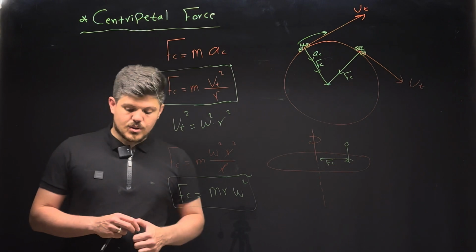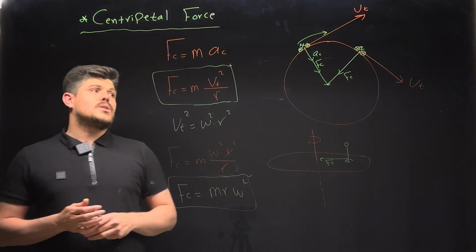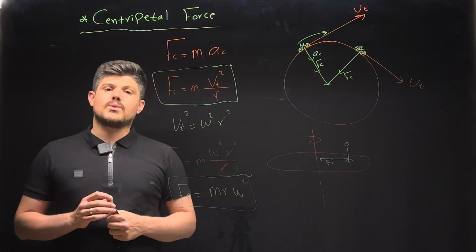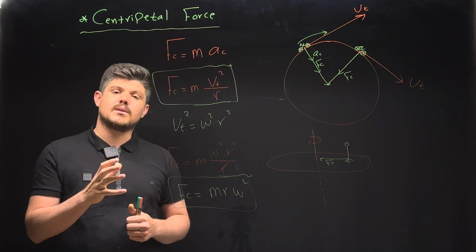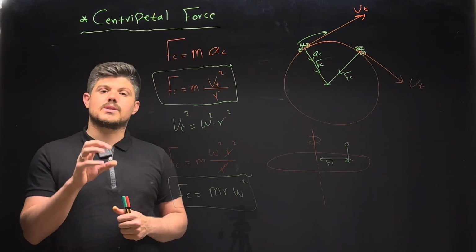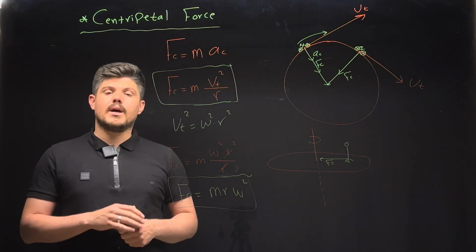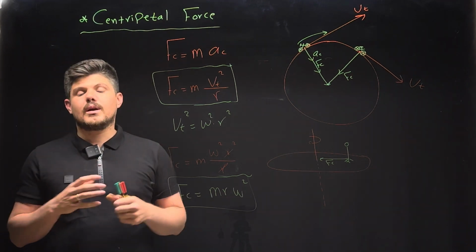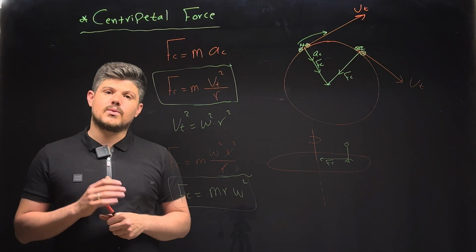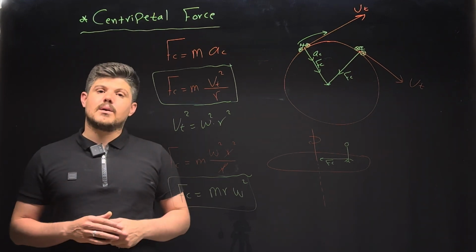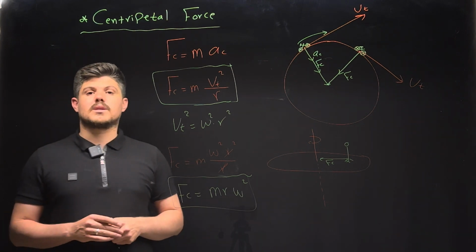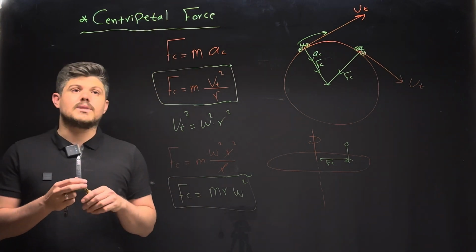About the centripetal force, as we know, the centripetal force is a force acting on circular motion, which is directed toward the center. We have many sources of the centripetal force, or you can say the centripetal force can be provided by various things, such as gravity.